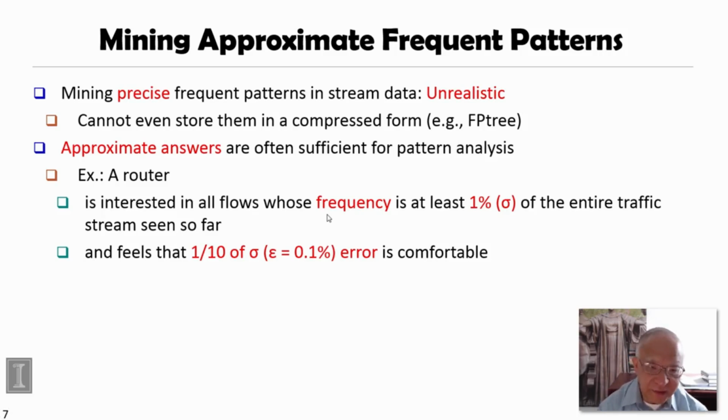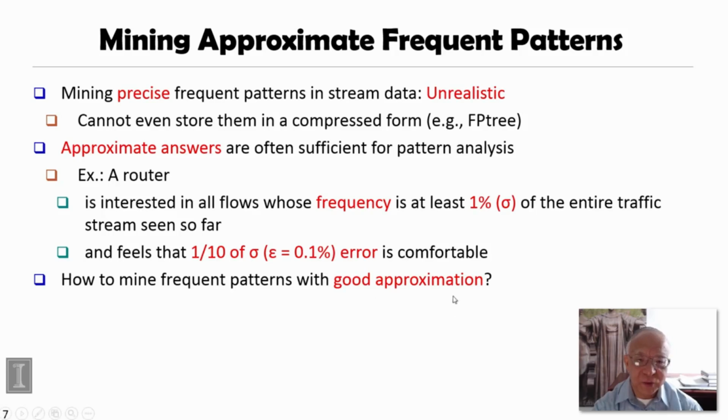On the other hand, you may say that for this sigma, if you give me the count with an error rate of 0.1%, you probably feel very comfortable. You think you're doing a good job already. In that case, we may develop some very efficient algorithm to mine such patterns with good approximation.